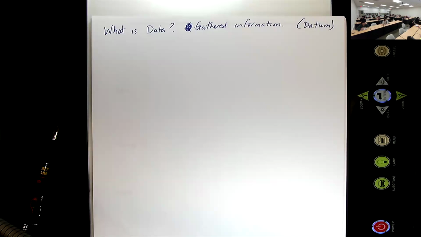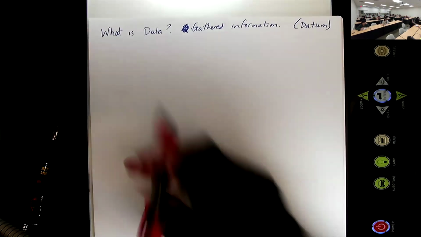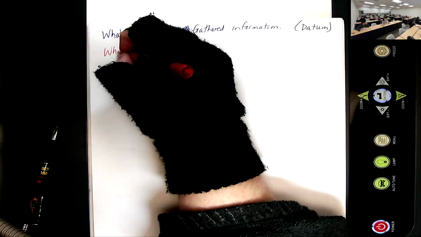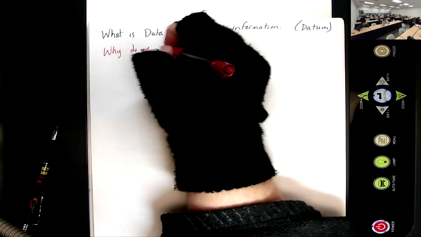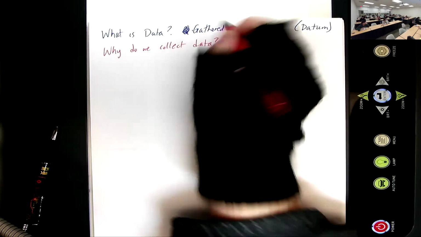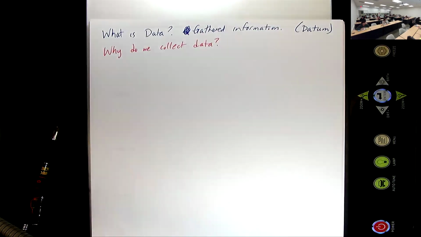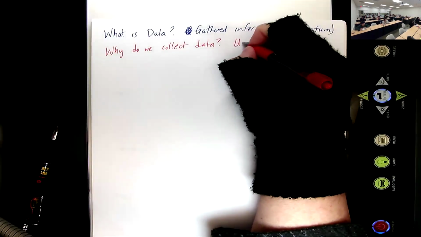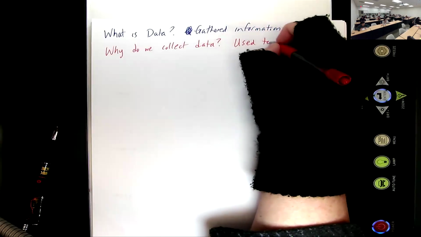So why do we collect information? Why do we collect data? To solve a problem. It's almost invariably to solve a problem, whether you think it's a problem or not. It's used to figure things out, how about we say that?